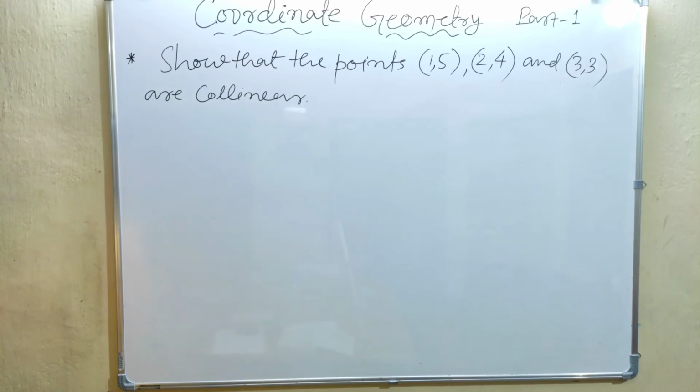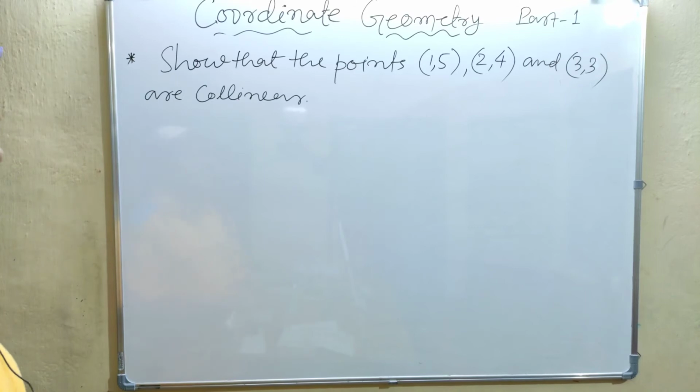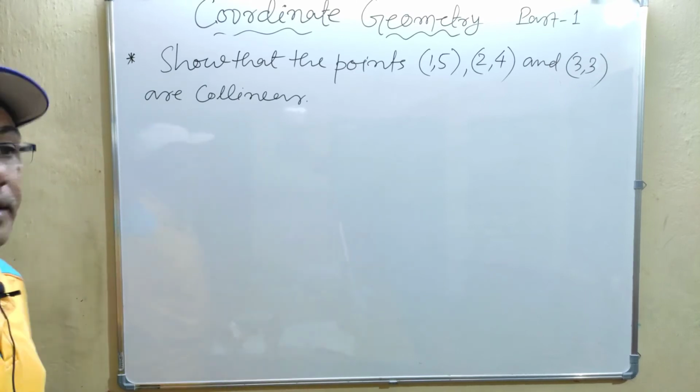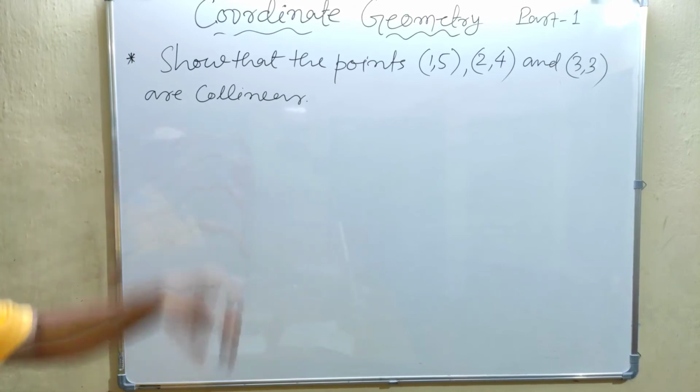This is what is your question. So that the points (1, 5), (2, 4) and (3, 3), 3 points are there, means coordinates of 3 points are given. Question is so that they are collinear.